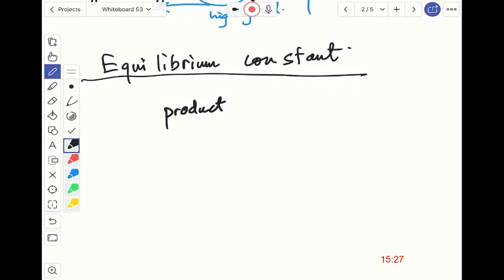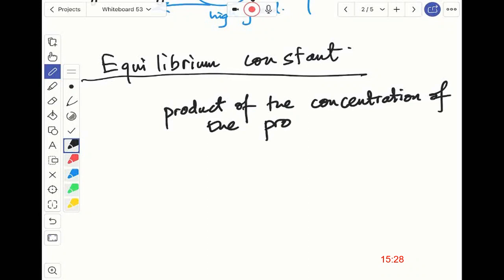The product of the concentration of the products, and in this case when I use the word products, I'm using it as the chemicals produced by the reactants, divided by the product of the concentrations of the reactants.